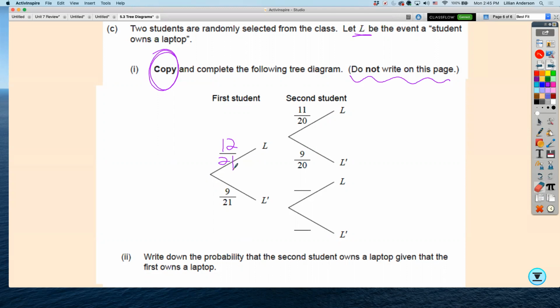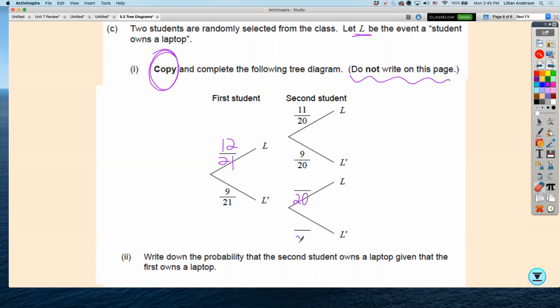I know here, 11 out of 20, 9 out of 20, we're good there. But you have a second student that's picked. How many students are left for that second student to be picked? What's the denominator for both of these? 20.